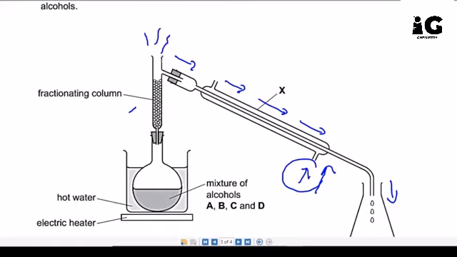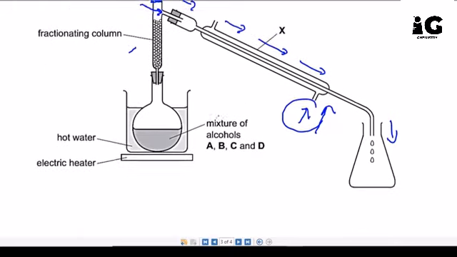So we should close this opening by using this stopper. So you should draw this stopper to close the fractionating column in order to prevent the gases and vapors from escaping and to direct them to the condenser to get them finally. So this is the missing part, which is the stopper.